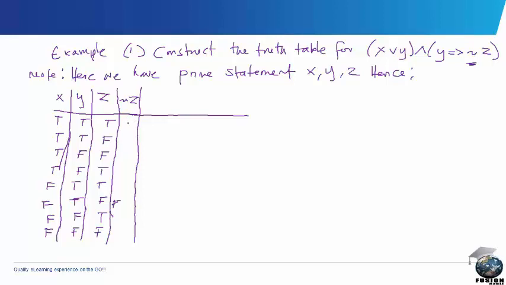Wherever you have truth on z, the negation becomes false, and wherever you have false on z, the negation becomes truth. So this becomes false, and then this becomes true.